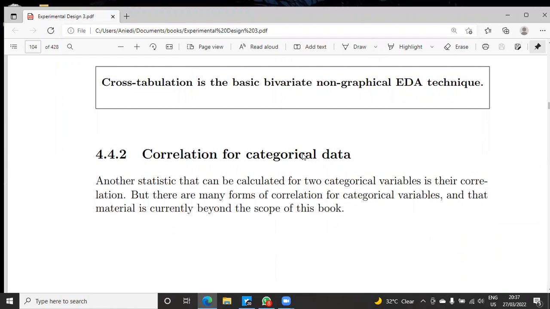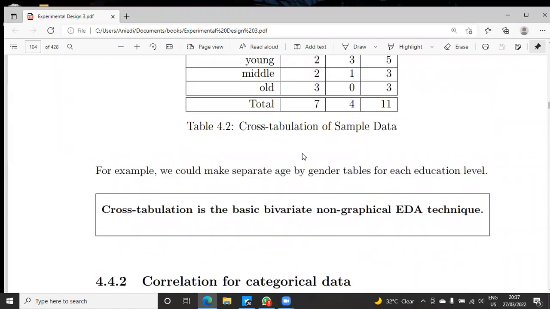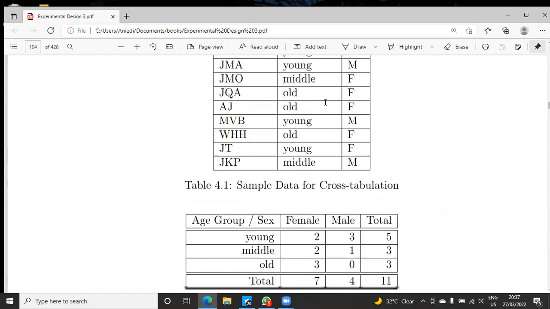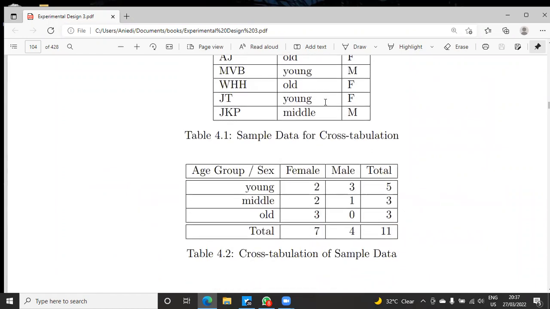So you see this one is bivariate because it involves 2 different populations, in this case the female and the male. But on this other side, you can say it is 3 populations by having the young population, the middle population, and the old.